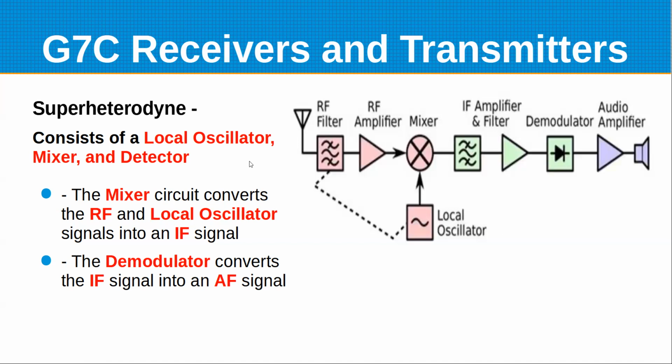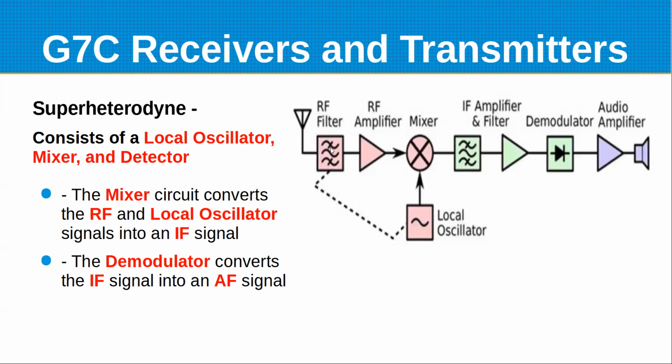In this case, we use the mixer to convert your RF input signal along with whatever your local oscillator is into an intermediate frequency. Now, the local oscillator, also a lot of times called VFO, variable frequency oscillator, is actually what you're tuning when you tune a signal in.